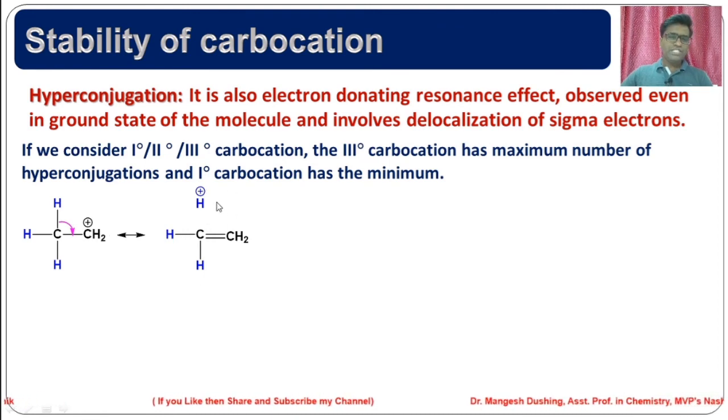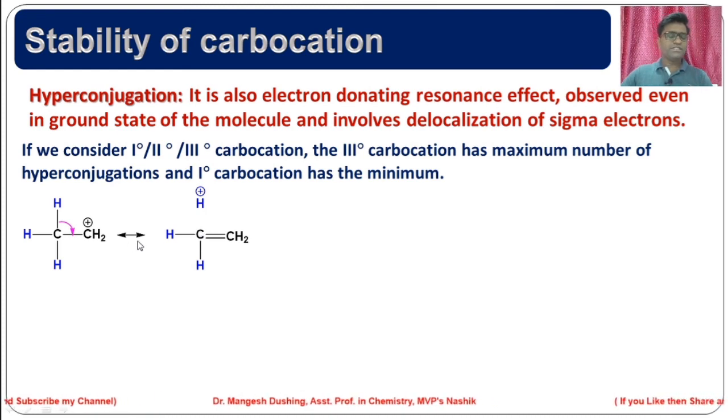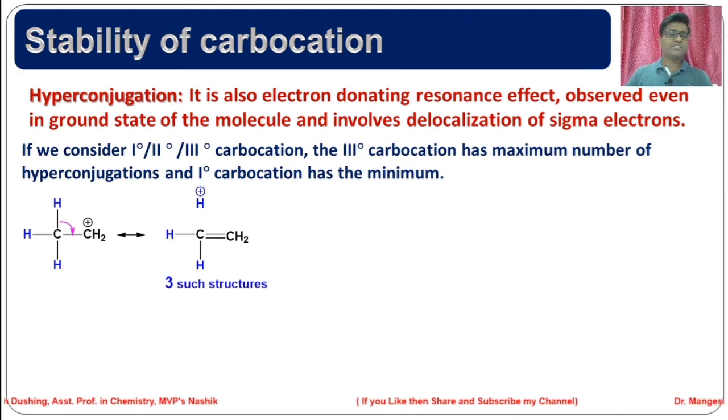Now this H plus doesn't go anywhere; it remains in the close vicinity of this carbon. Again this pi bond will break and the sigma bond will form. So these are reversible, resonating canonical structures. As there are 3 alpha hydrogens, a total of 3 such structures are possible, so 3 hyperconjugation structures.